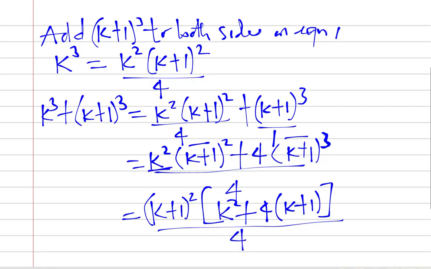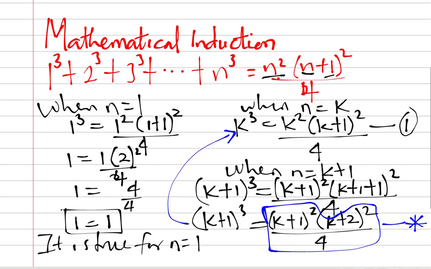Then now you will open this bracket. If you open that bracket, you are going to have what we have. So I will have k plus 1 squared into the big bracket. Don't forget what we have here.